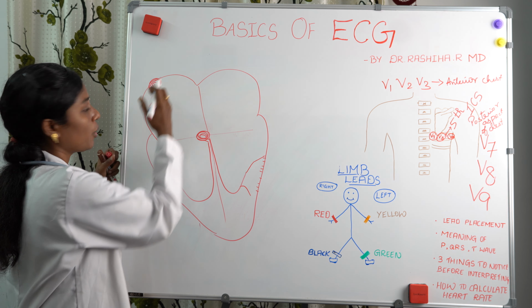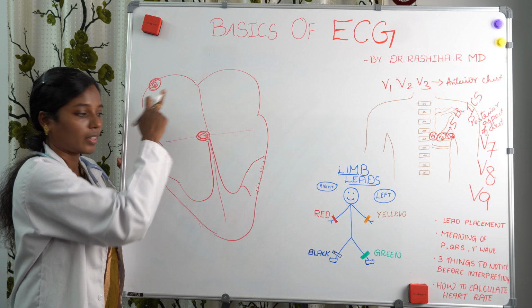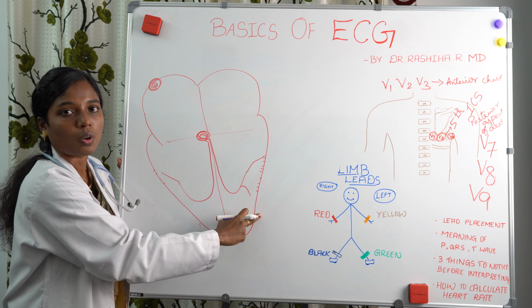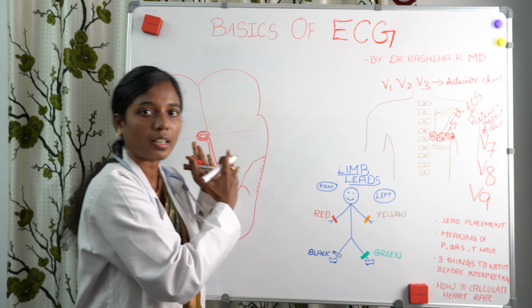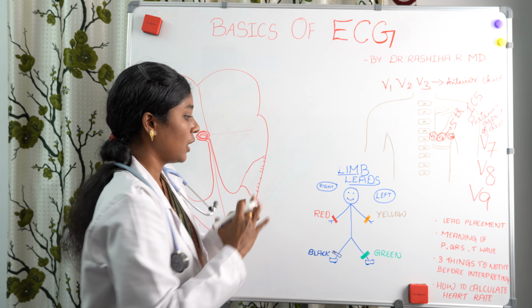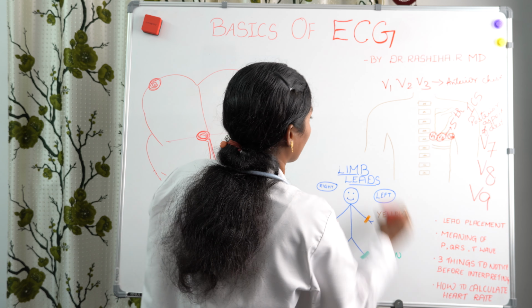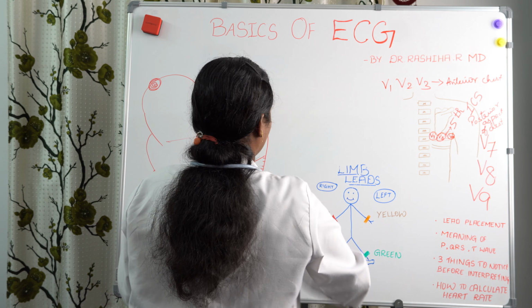It brings the impulse which is automatically generated in the SA node to the ventricular wall, and this electrical activity of the heart is recorded in the ECG as waves.